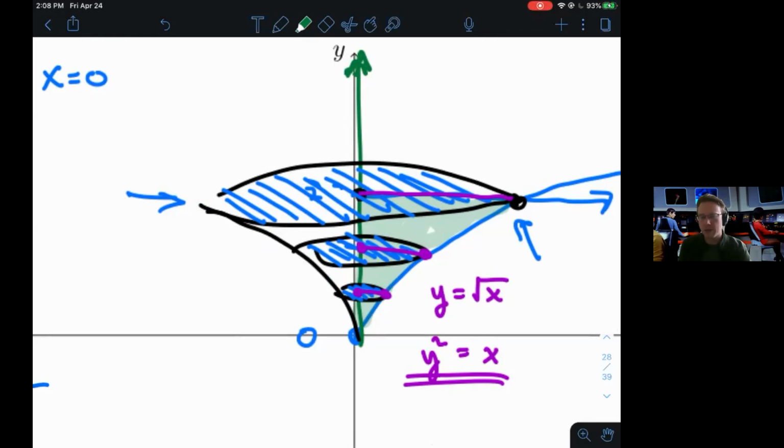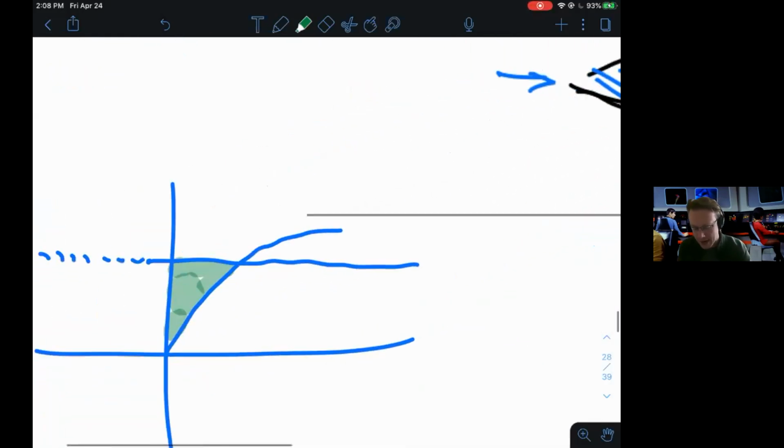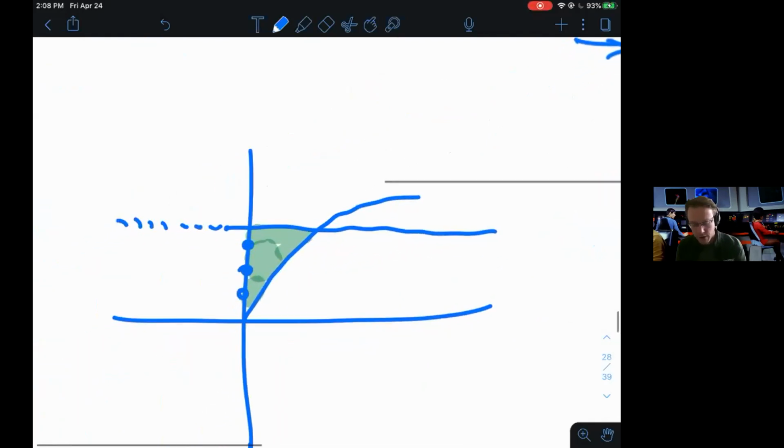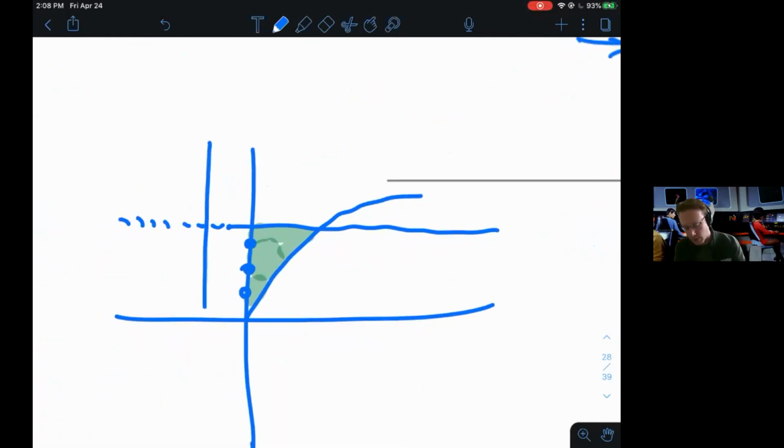The picture is where you tell, do I need to use the disk method or the washer method? In this case, because this region butts right up against the y-axis, the axis that you're actually rotating around, when you rotate, there's no hole in the middle. In comparison, if I was to rotate about x equals -1, the vertical line over here, notice this region doesn't butt right up against the axis that we're rotating around.